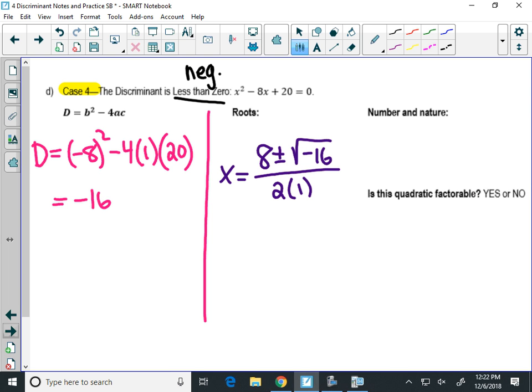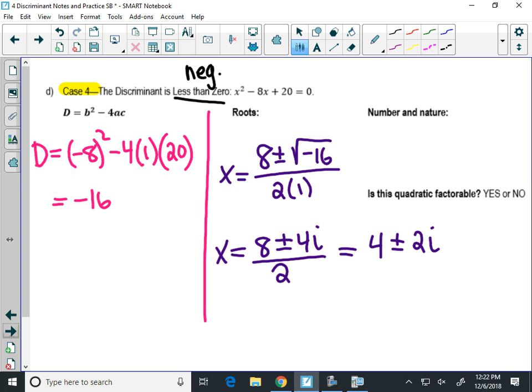You're going to have an i. It's an imaginary value. And what is going to be the square root of negative 16? 4i. So I have 8 plus or minus 4i over 2. And how does this quadratic simplify? Yeah, divide these both by 2. So 8 divided by 2 is 4 plus or minus 2i.